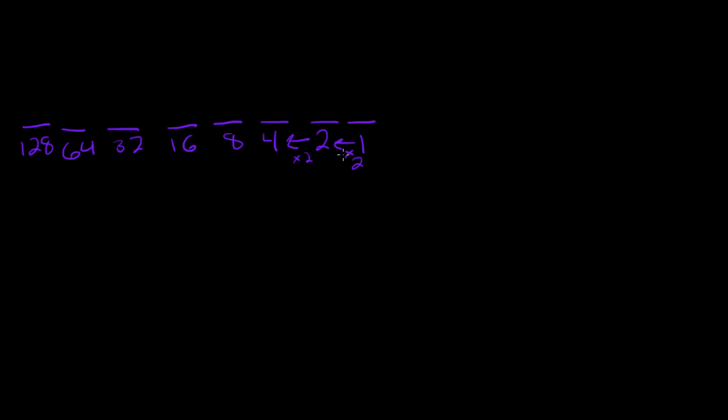And again, as you'll see, each place to the left is double its place to the right. So 2 is twice as much as 1, 4 is twice as much as 2, and so on.